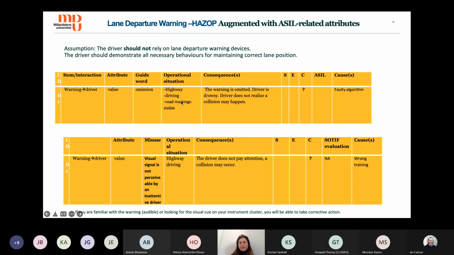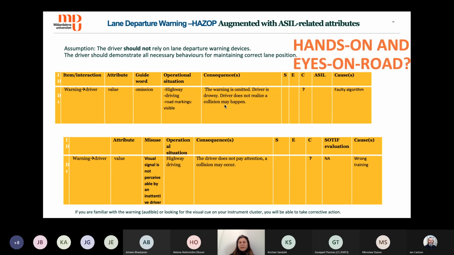You are driving on the highway where the functionality is expected to function, and there are road markings that are visible, etc. And you are in a situation as a driver that you are drowsy. But the assumptions are hands-on and eyes on road, and also the fact that the driver should not rely on lane departure warning devices. The driver should demonstrate all necessary behaviors for maintaining correct lane position.